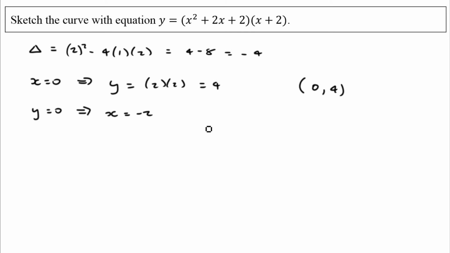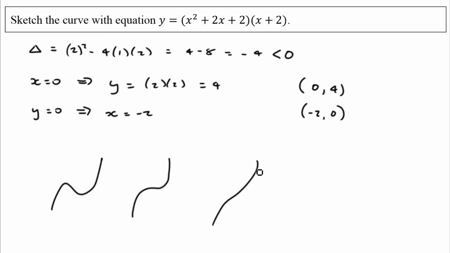We've already established that the quadratic factor, because it has a negative discriminant, has no solutions. Therefore, (negative 2, 0) is another intersection point. We also have a positive coefficient of x cubed, therefore our curve will have this shape, or maybe this shape.